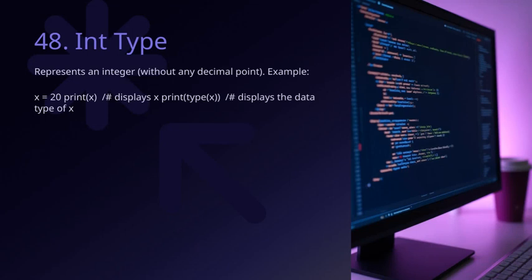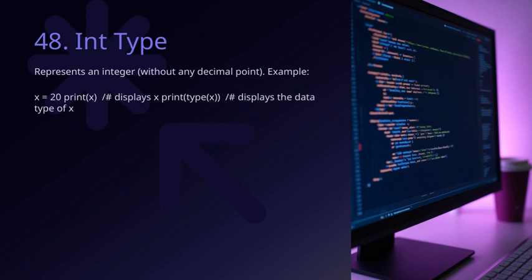All right, let's look at this example. We assign the value 20 to x with x = 20. Then, when we print x, it displays 20 on the screen. This is straightforward because x is holding a number. Next, we use the type function to see what kind of data it is. When we print type of x, it tells us that it is an integer, which is a whole number without any decimal point. In this case, 48 is just another example of an integer.